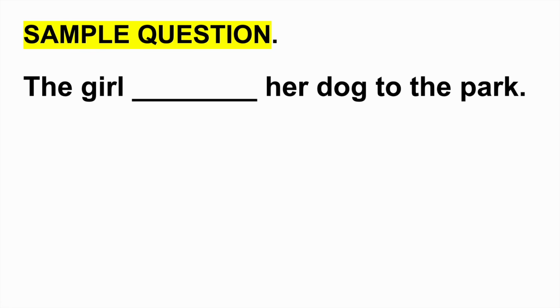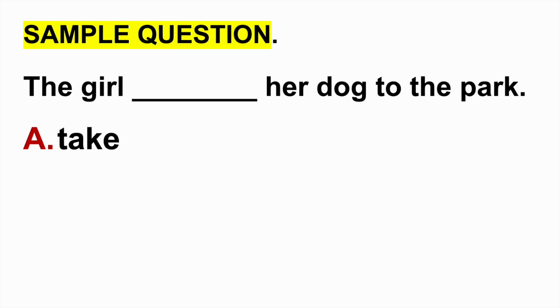The best way to pass an English proficiency test is to practice lots of sample questions. Let me put up on the screen a sample English proficiency test question. I will explain how to answer it, and I will then get you to try some live on the screen. The question reads, the girl blank her dog to the park, and you are required to insert the missing word from several answer options.